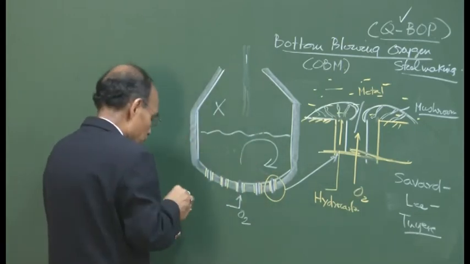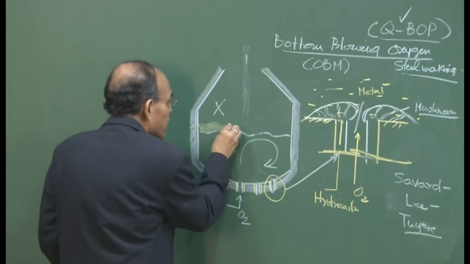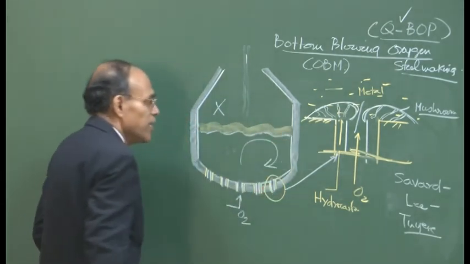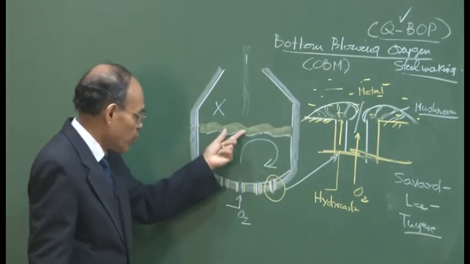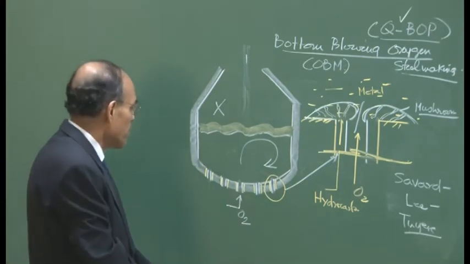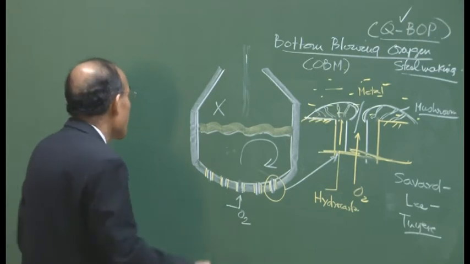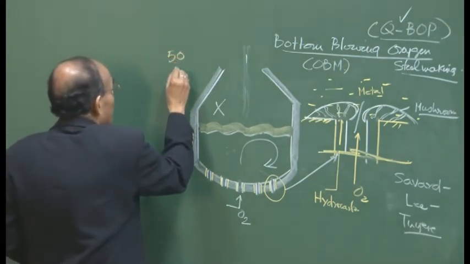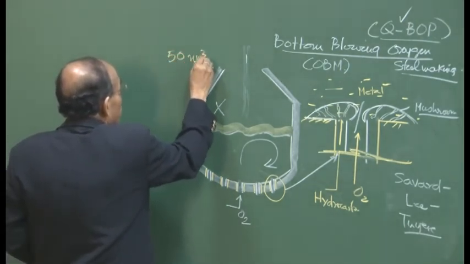Since you will invariably have a slag-metal interface, with slag floating on the top, there is going to be a good amount of slag-metal mixing in the system. The flow rate as such is very, very large, 50 normal meter cube per ton per minute, something like that.